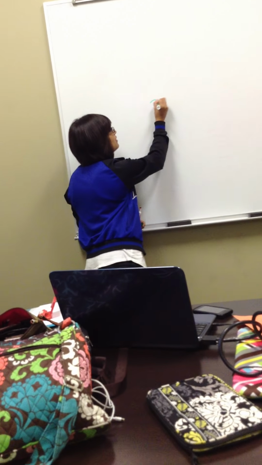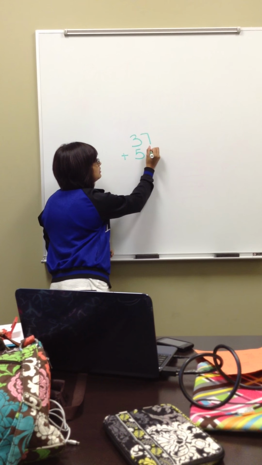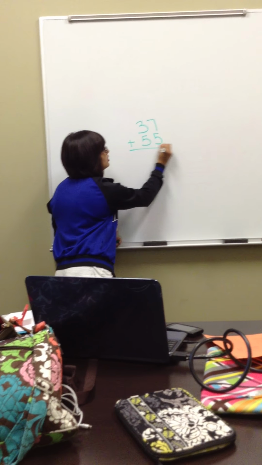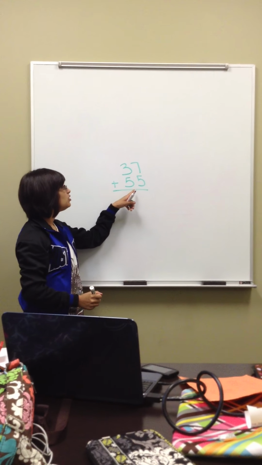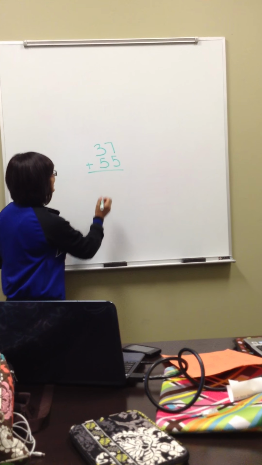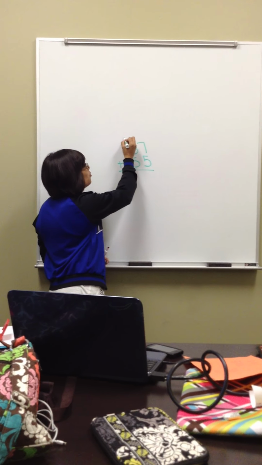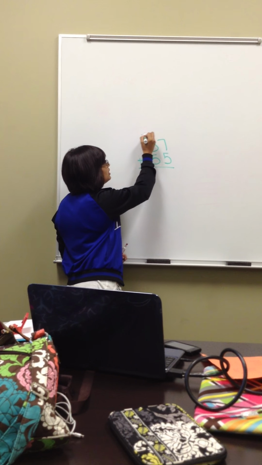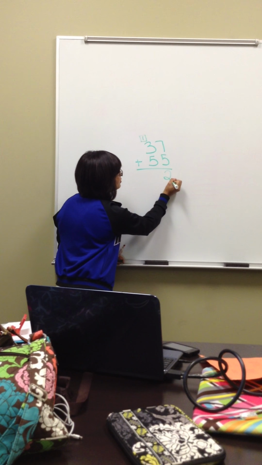Let's do 37 plus 55. Okay, so we have 7 and 5. 7 plus 5 would equal 12. Okay, so what you're going to do here, since it's 12, you're going to add a 1, and you can put it in a little block so you don't get confused, and you're going to put the 2 here.